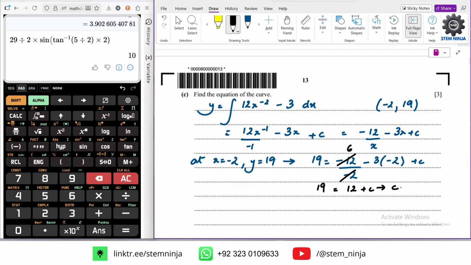So therefore c is 19 minus 12, just 7. So therefore y is equal to minus 12 over x minus 3x plus 7.